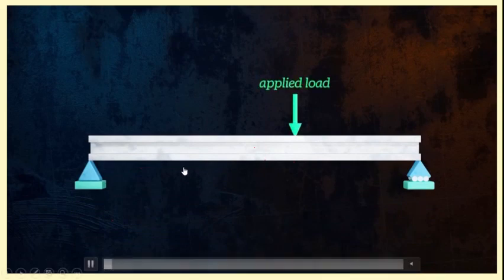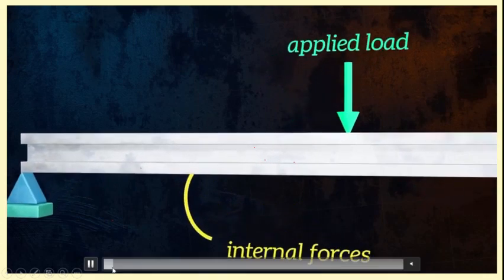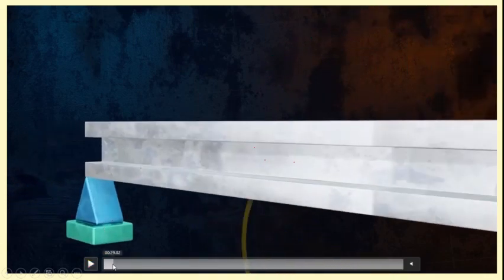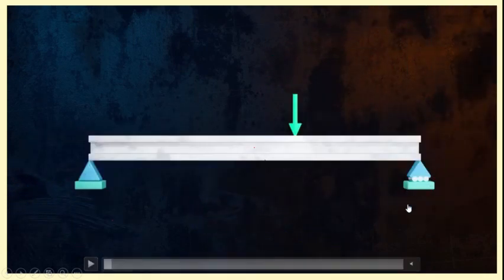Suppose this one is a beam. This is a simply supported beam, where on one side it is a pinned joint and on the other side it is a roller joint. I will discuss later what the pin joint and roller joint are. And suppose this one is a concentrated load, a point load applied here.